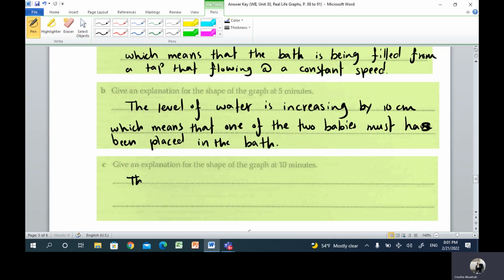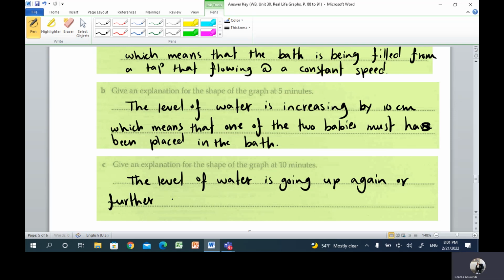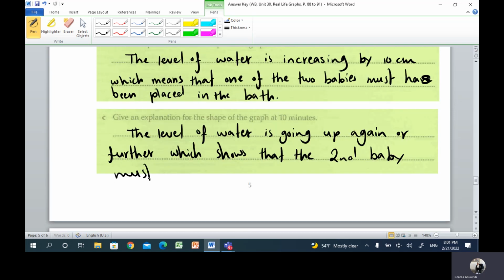So the level of water is going up again or further, which shows that the second baby must have been placed in the bath.